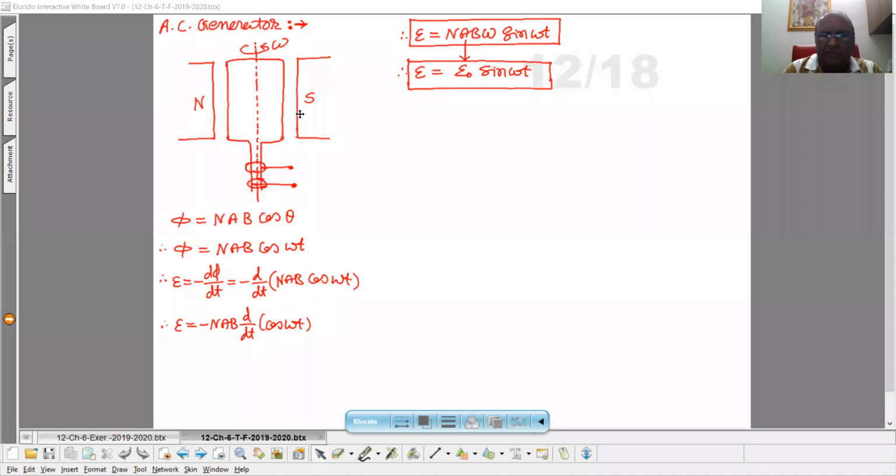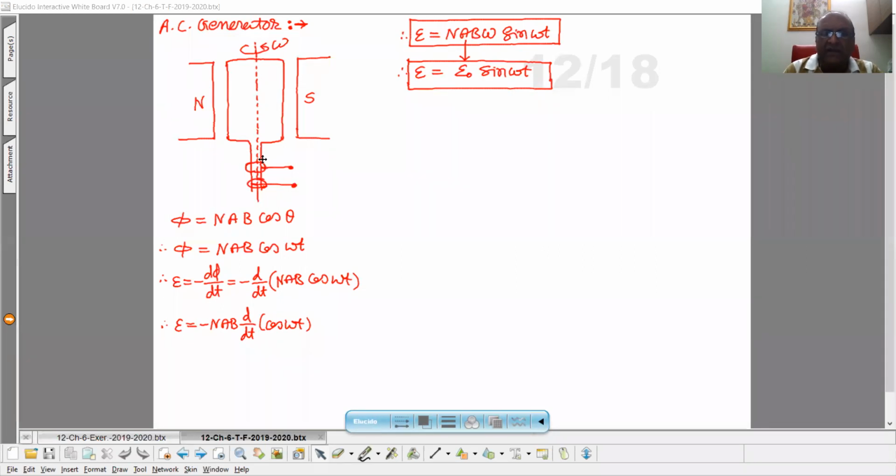with the help of two strong poles of bar magnets, the uniform magnetic field is established, and in this particular uniform magnetic field a rectangular coil is placed, and this coil can be rotated with respect to this axis.